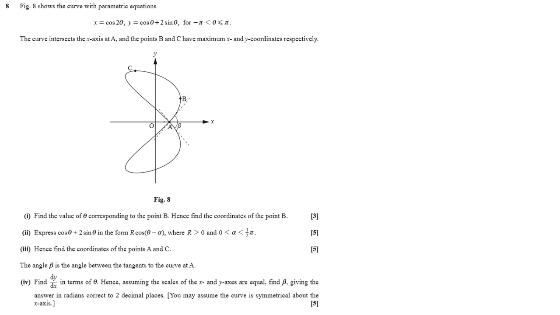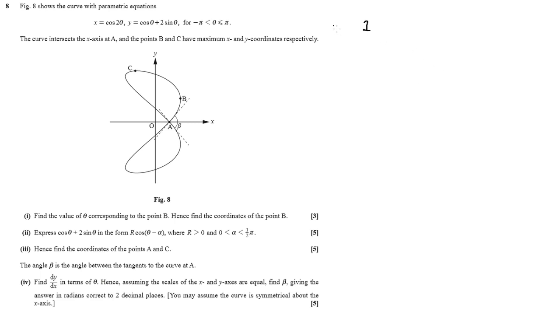So point B on this curve, according to the description, is a maximum x value, and according to this equation, x is cos 2 theta, and so the max x should be just 1, because trigonometry functions never exceed plus or minus 1, and B is clearly on the positive quadrant.